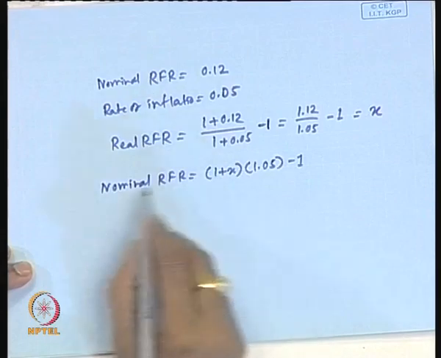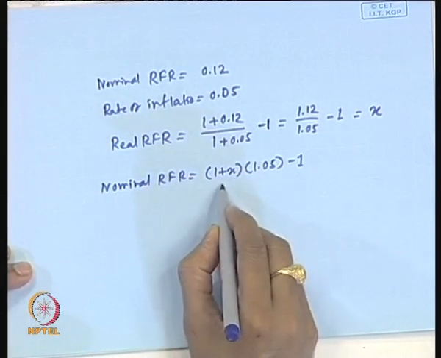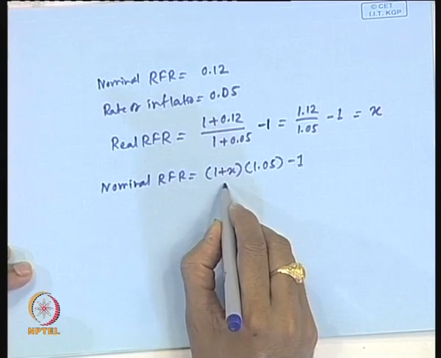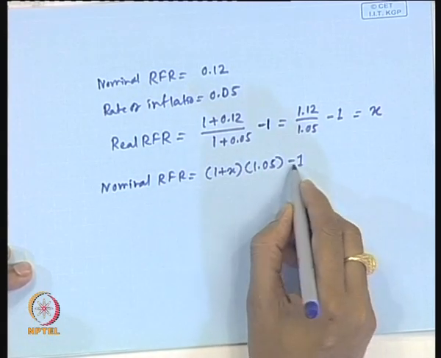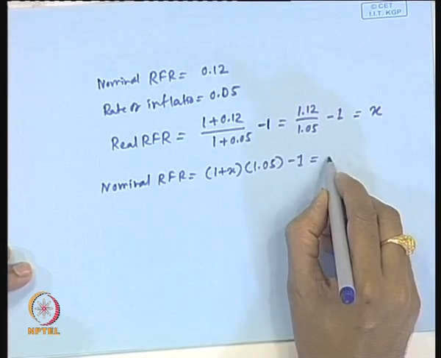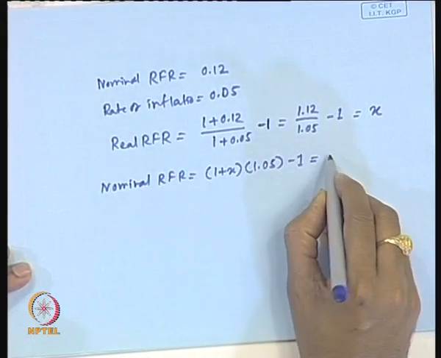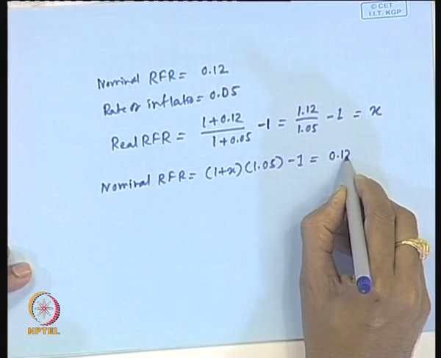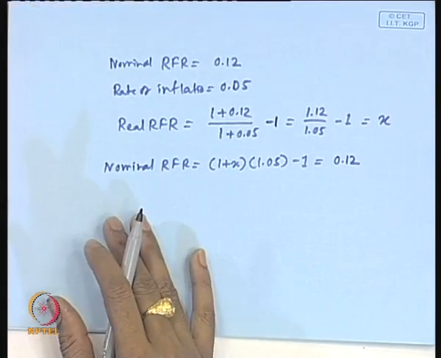So, the same formula has been derived out of the previous formula. You have the real rate of return expected and also the inflation rate, multiply that and subtract 1, and whatever we get is the nominal risk-free rate of return. Obviously, in this case it is going to be 0.12 because we have used the same input as in the previous example.